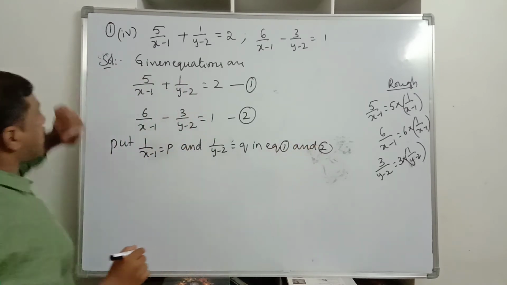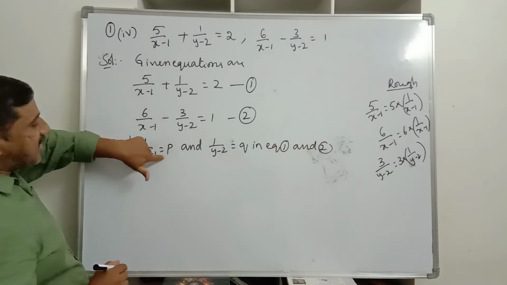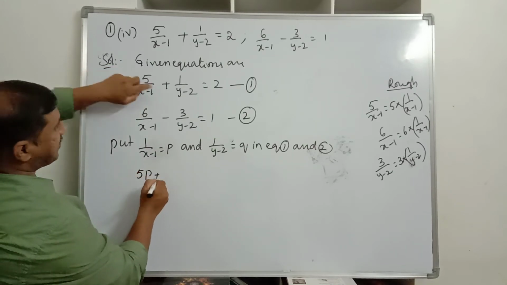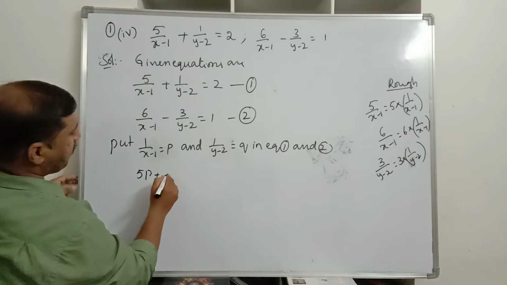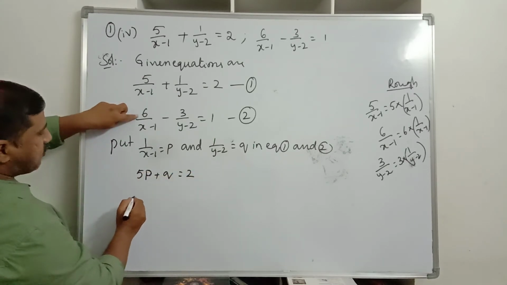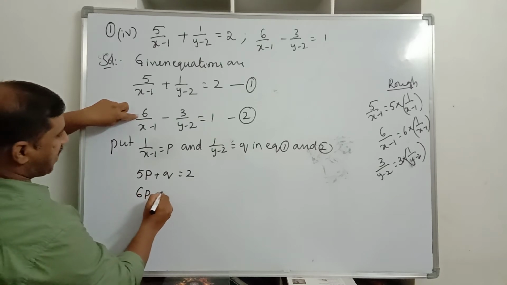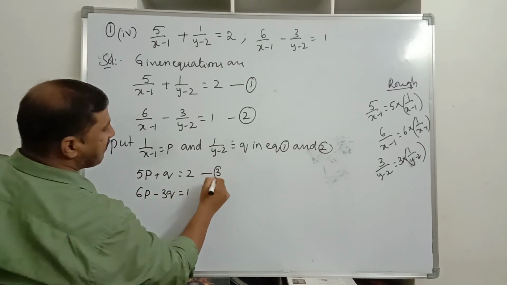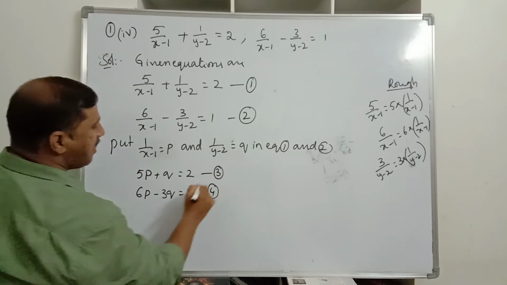So when we put 1 by x minus 1 is equal to p, we get 5p plus q is equal to 2, and then 6p minus 3q is equal to 1. Take this as equation 3 and this as equation 4.